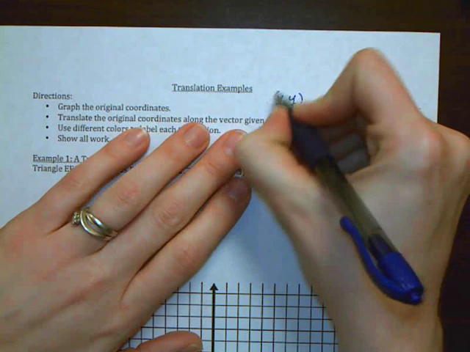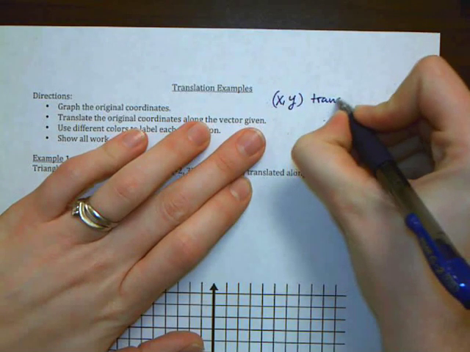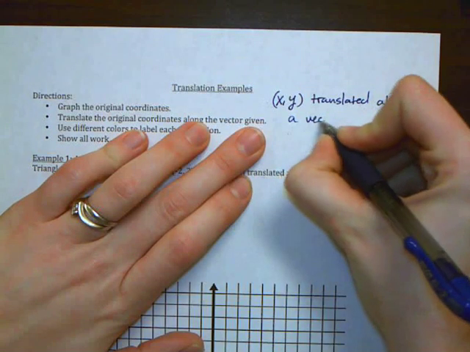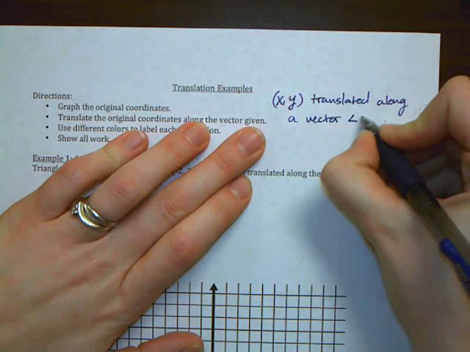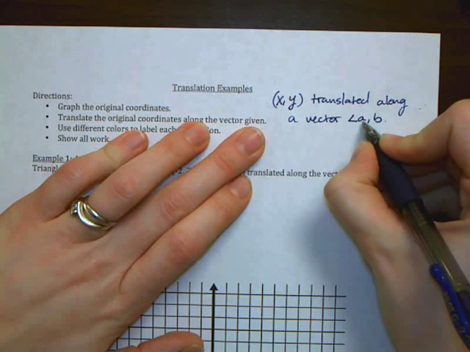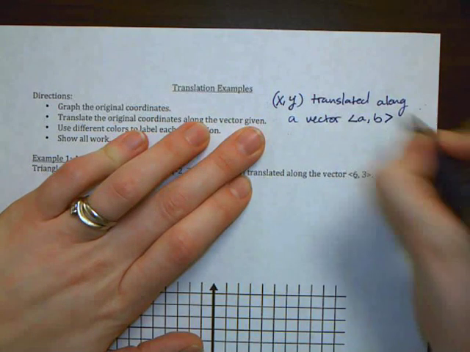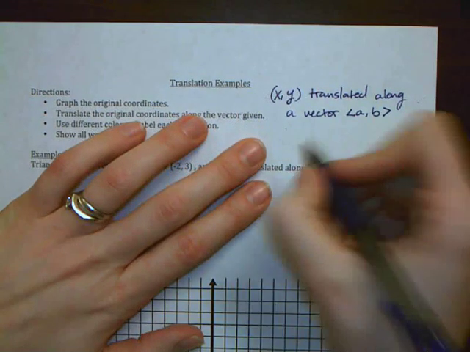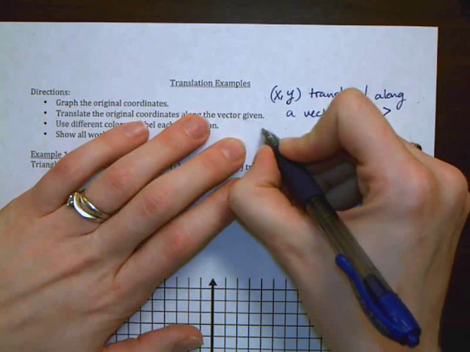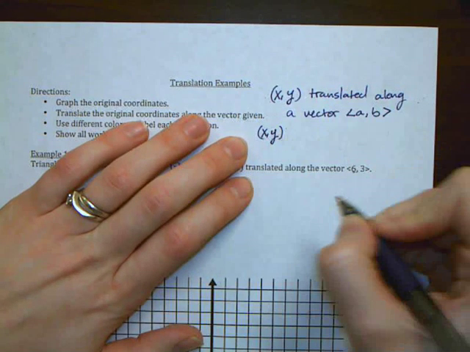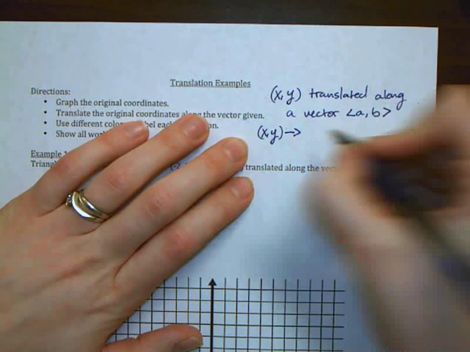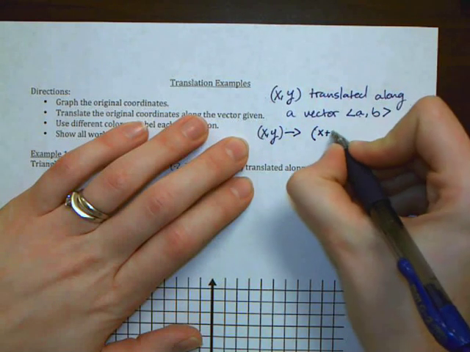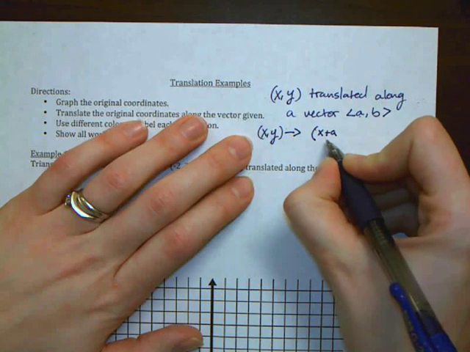When you have a point XY that's being translated along a vector, and it will usually be written in this format where you have some number, comma, some other number with kind of greater than, less than symbols around it, then the rule says that this point XY is going to be transformed into a new point where you will be adding your A value to the X value.